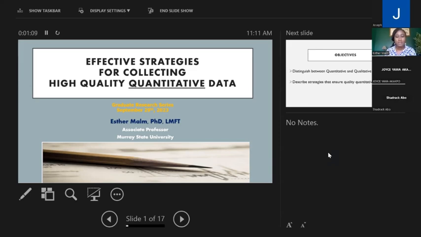There's also been presentations on literature review for both qualitative and quantitative research, and then also developing surveys or developing questionnaires for quantitative research.